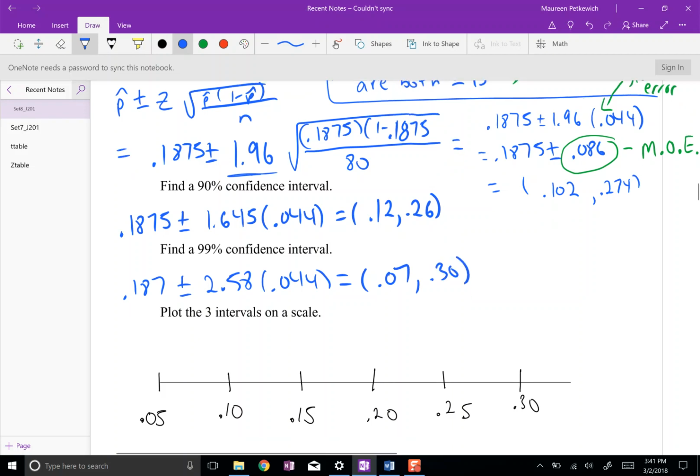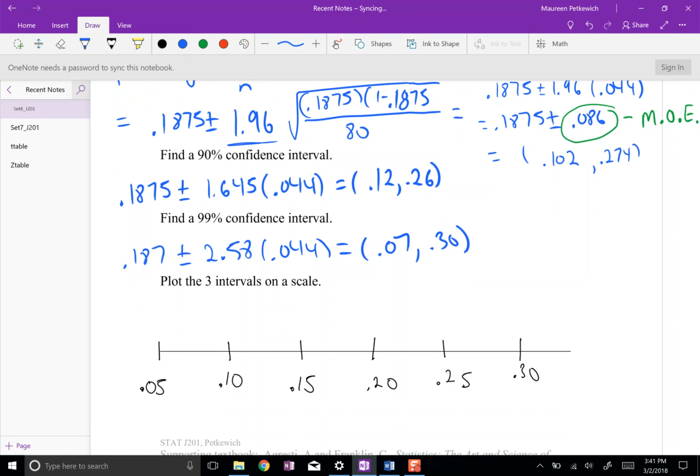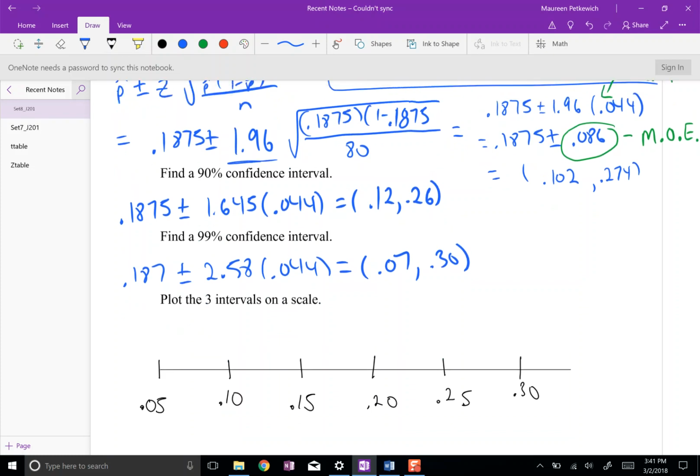I'm going to plot those three intervals on the scale so we can see a pattern. For the 90% confidence interval, let's start with that one. That's our lowest level of confidence. We went from about 0.12, which is about right here, to 0.26, which is about right here.